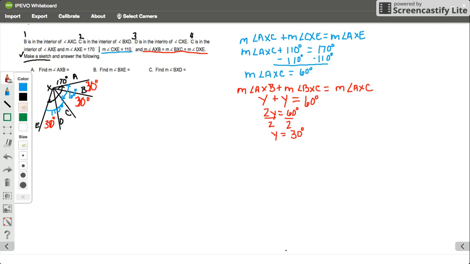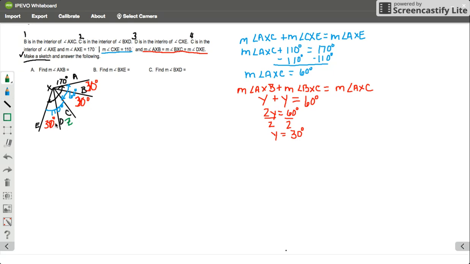So now, if we look at our angle diagram, we're only missing one angle. The only angle that we're missing is the measure of angle CXD. Once again, we can use the angle addition postulate because our angle CXD is part of the larger angle CXE, which we have a value for.